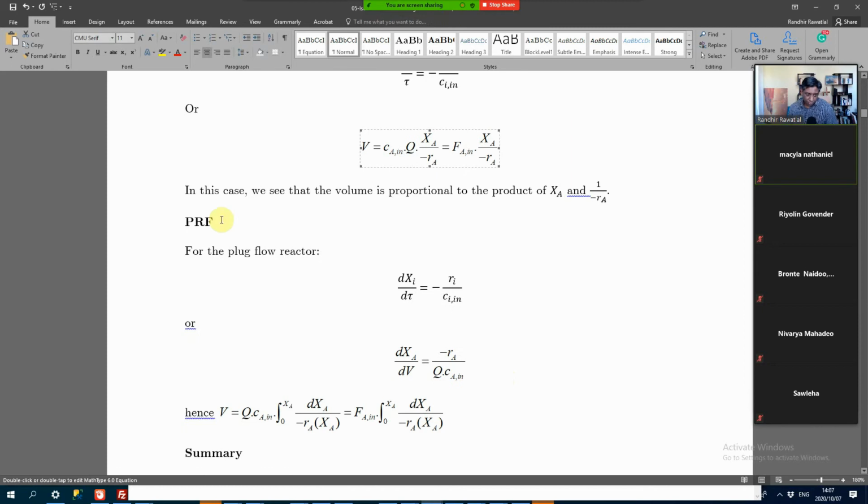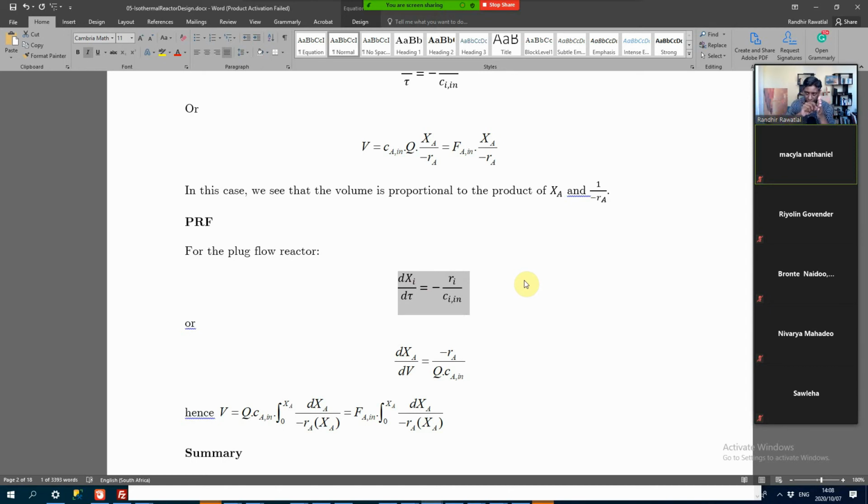And then similarly for the PFR, this is more similar to the batch case, but it has that tau. So if we expand out for tau, here we just remind ourselves that in the case of the PFR, tau is not one number. In the case of a PFR, remember it's a long tube, and as you look down the tube, you are looking at different volumes. So if you like, you've got the front end of the PFR, and when you are looking at points further away from that front end, you are in effect looking at an increasing volume down the tube.